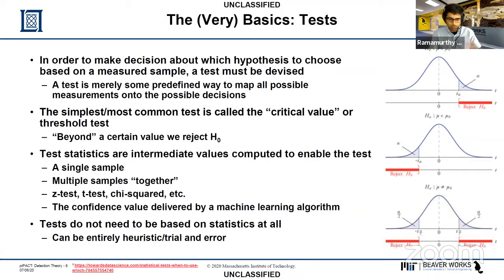You collect all this data, you measure it, but then you don't use it at all. You just say, I'm going to flip a coin and if it's heads, I say H0, if it's tails, I say H1. I'm not using any of the data I actually collected, but it's still a perfectly valid test. It's just not using a test statistic.